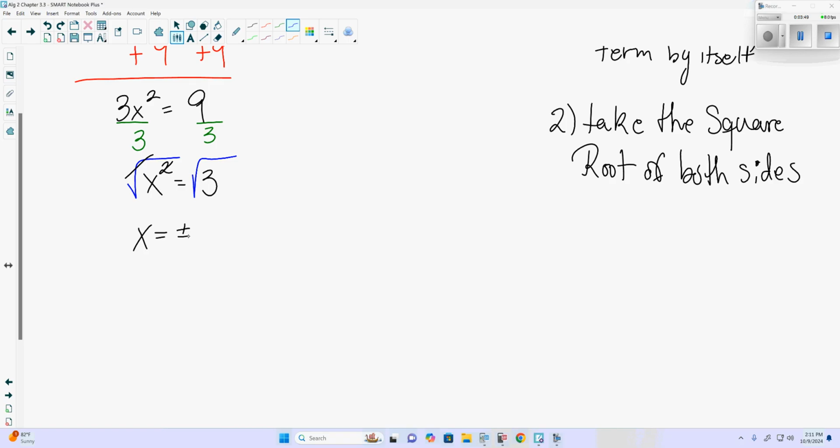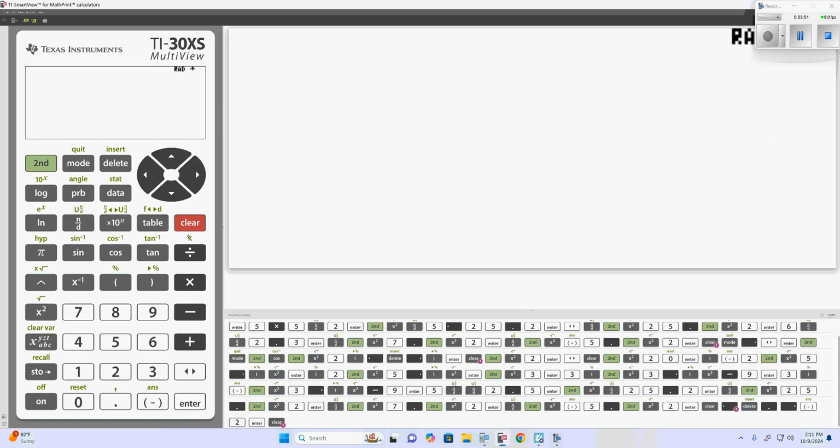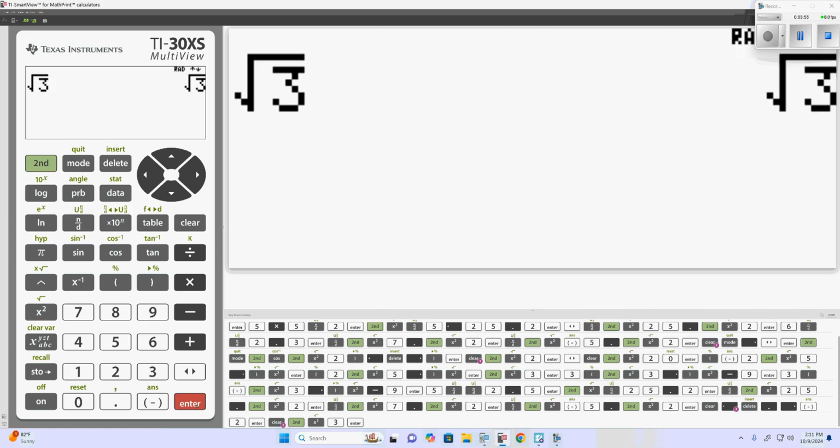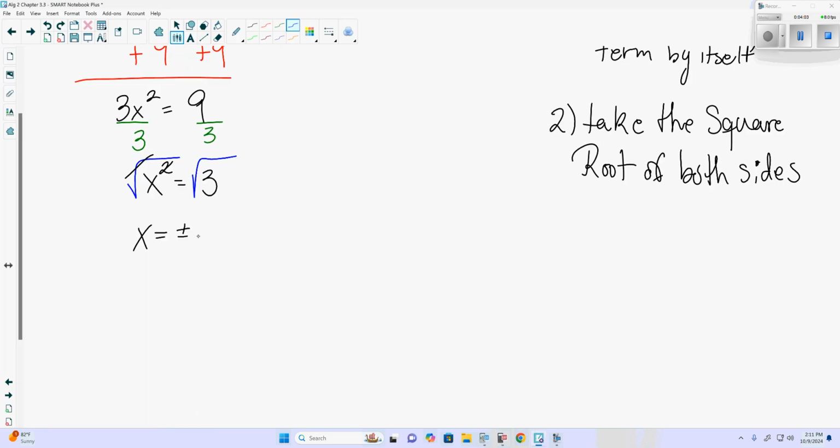Now we need to find the square root of 3. Well, luckily the 3 will simplify radicals for us if they are simplifiable. And the square root of 3 is just the square root of 3. Questions on this so far? We're ready for step number 3.